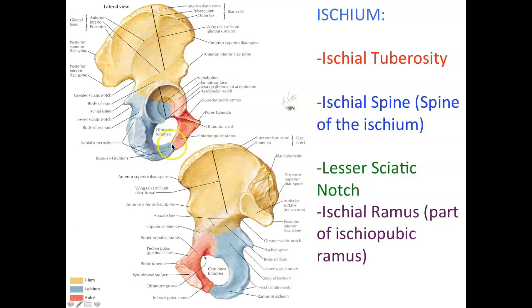If I have a mark here, more on the ischial side, you would identify this as being the ischial ramus, because this is the ischial part of the branch of the ischiopubic ramus. So there's your ischial ramus. Then we'll talk about the other parts when we discuss your pubic bone. So this arrow represents the ischiopubic ramus because we're including both the ischial bone and the pubic bone.